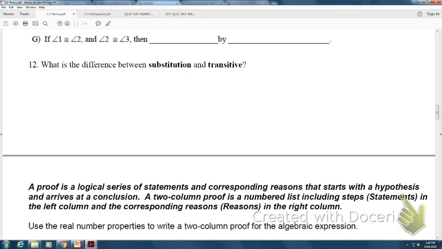I am going to write a little bit more than that for purpose of the test. So, write this with me.